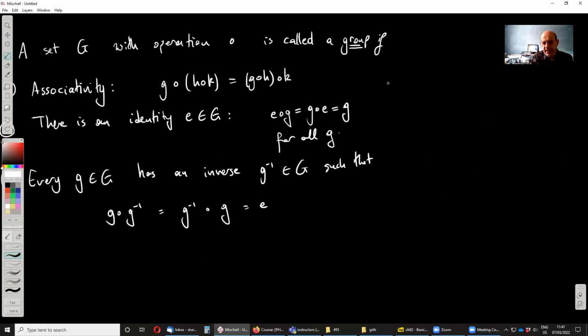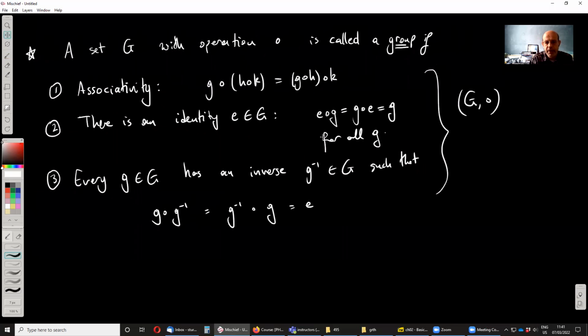So it's basically not the set itself, but the set together with the operation that we call the group, actually, okay? The operation has to be associative.